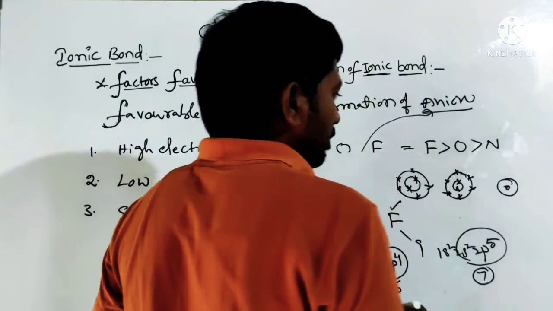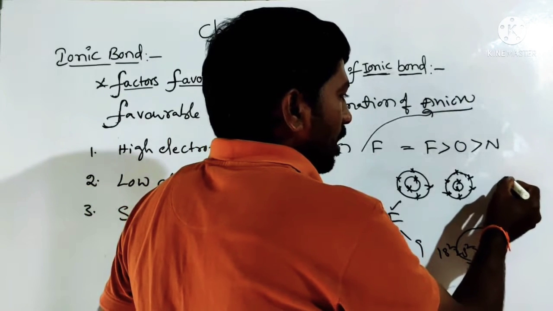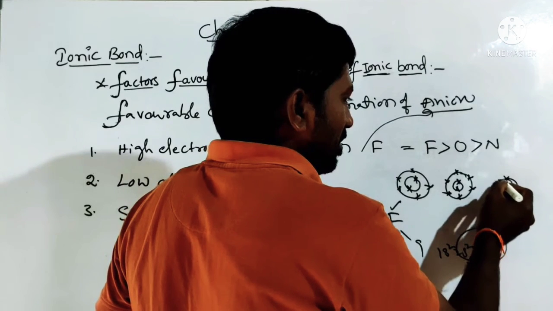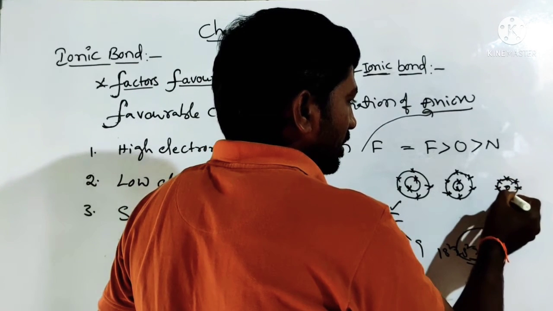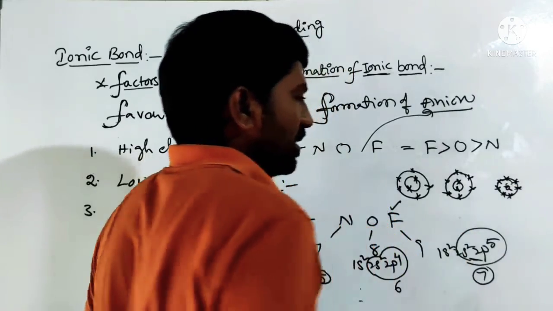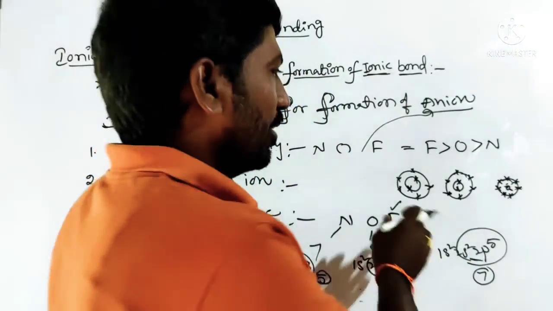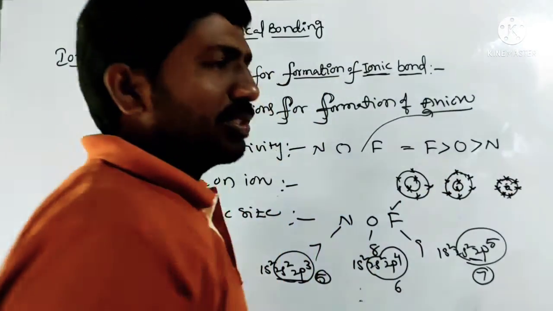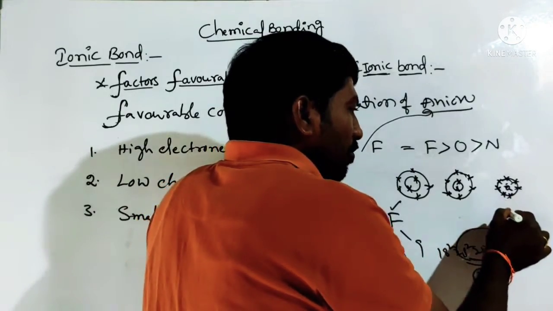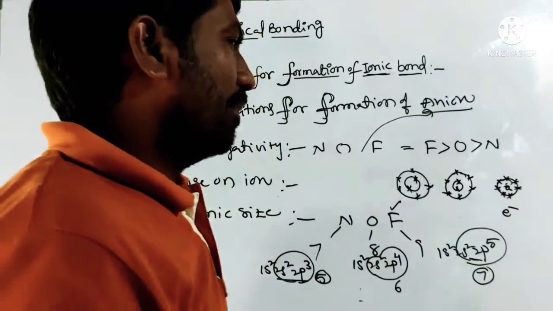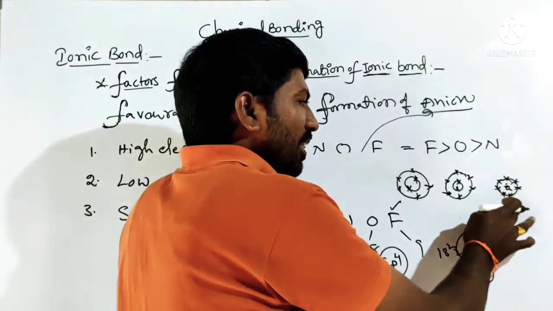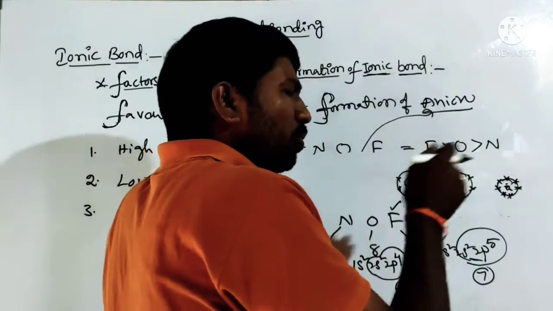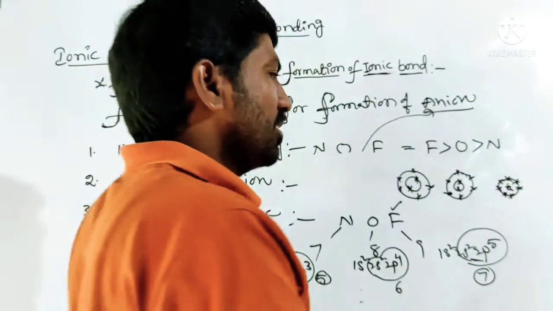For fluorine, 7 valence electrons and 2 inside. Now see, why I wrote the size decreasing: because all have the same second shell, 2 shells only, but here the number of electrons is more compared to these. Number of electrons more means protons also more.